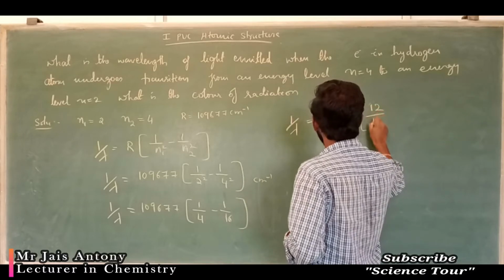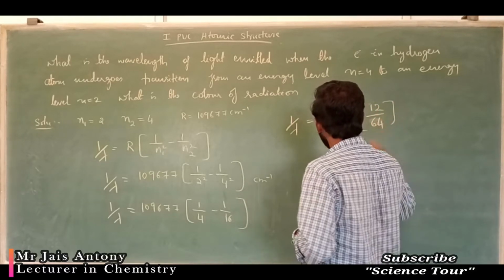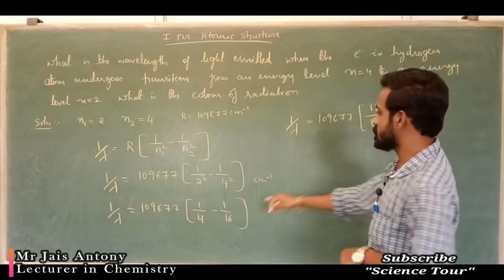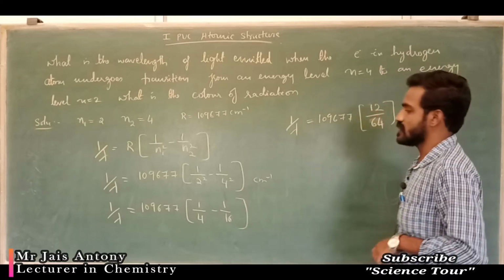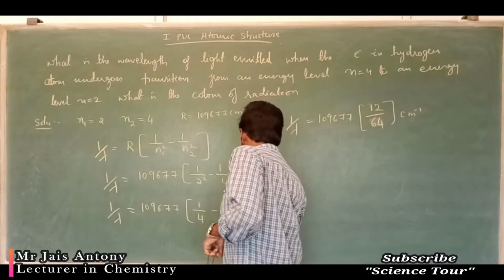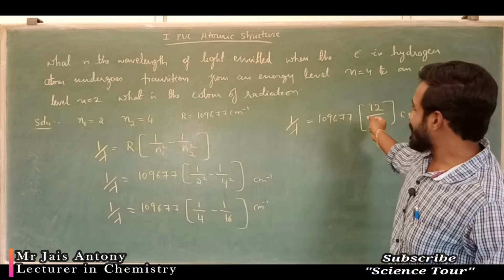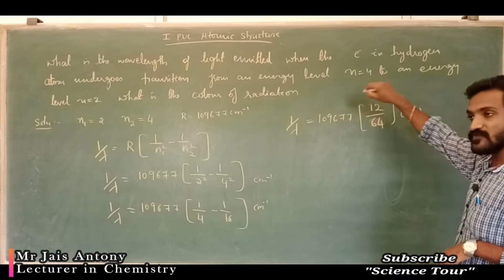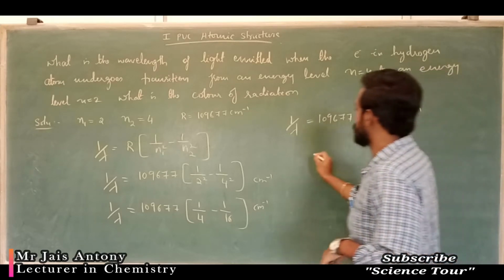So 12 by 64. Simple mathematics. 16 into 4, 64, and 16 minus 4 you are getting 12. Centimeter inverse here also. So I can write this in centimeter inverse like this. If I take this 64 up, this inverse will get changed.